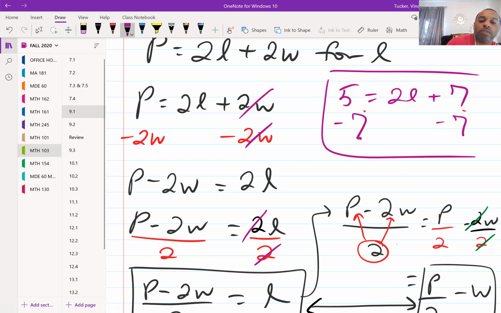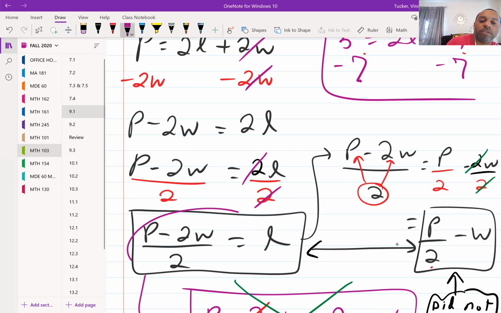The 2's cancel, and this is our answer: P minus 2W over 2 equal to L. Now I'm going to talk about how you could reduce if you want to, and what's the wrong way to reduce. But let's just make sure everybody's okay with getting right here. The answer is P minus 2W over 2, and that is L.